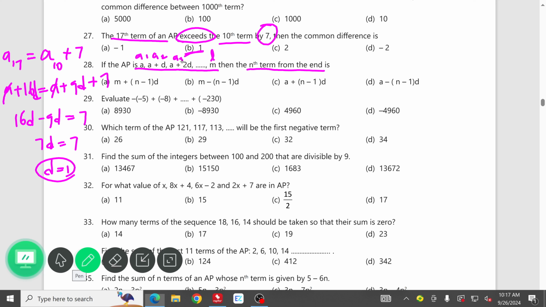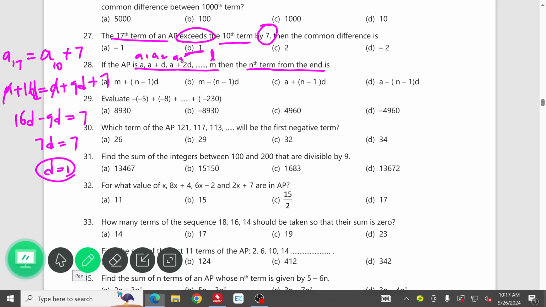The nth term means the value is n. Then An equals a plus n minus 1 into d. The a value is m, so m plus n minus 1. What is the d value?